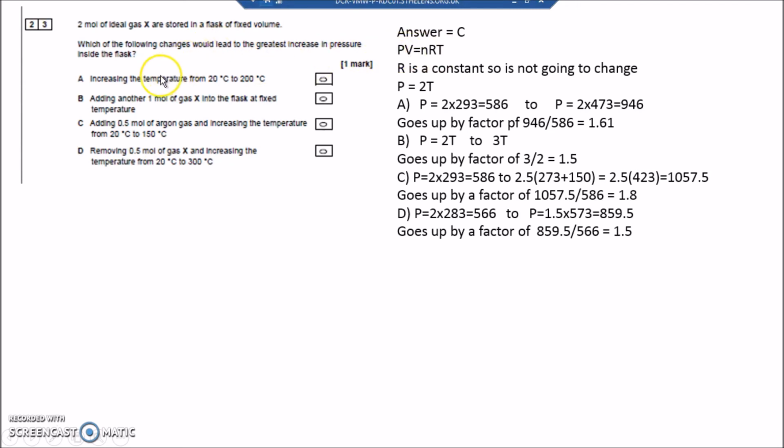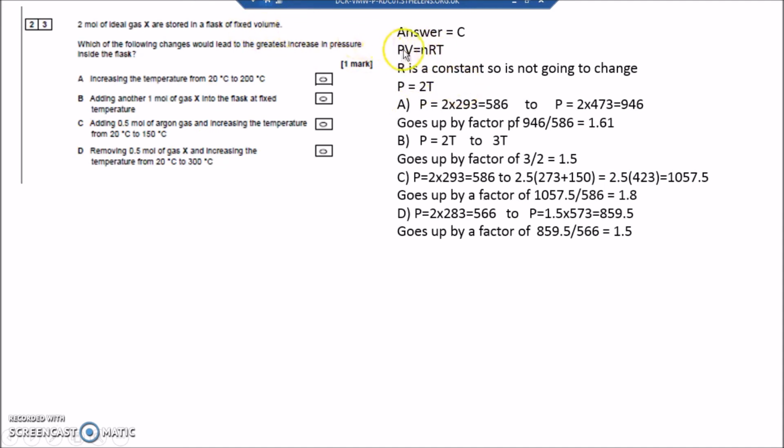I just need to work out when things are changed, how much the pressure's gone up by as a factor. So is it doubled, tripled, quadrupled, whatever. So I just need to work out how much it's gone up by, and I can eliminate from some of these calculations the things that aren't going to change, rather than its precise amount.